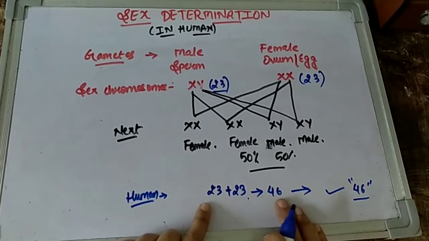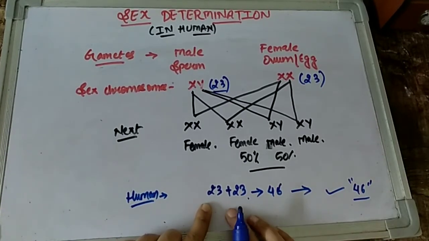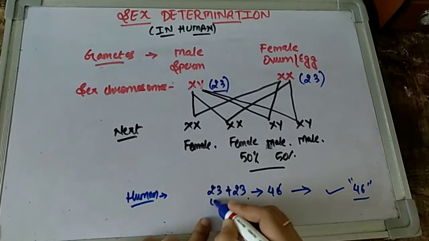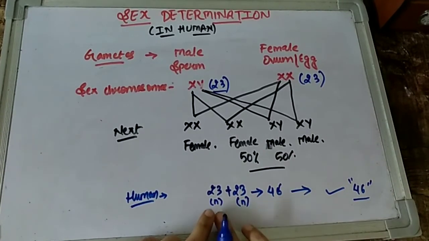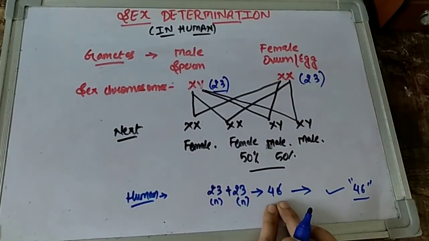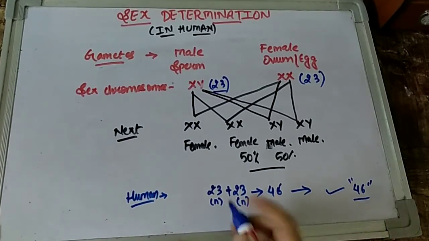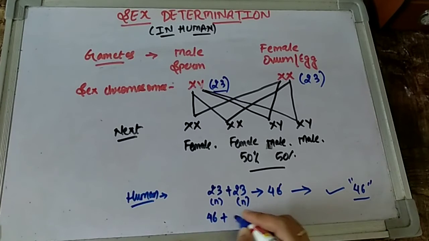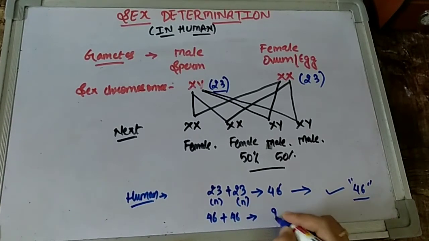So it is actually 46. Based on this condition, whenever we talk about the sex chromosomes in the case of humans, the gametes are haploid in nature so that they can combine and restore the normal chromosome condition in humans. Just imagine, if the sperm were contributing 46 and the egg 46, what would the number be?